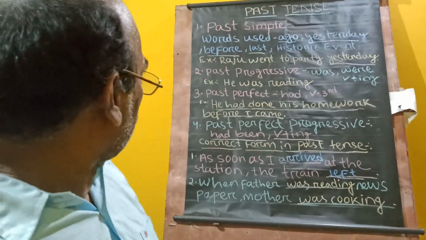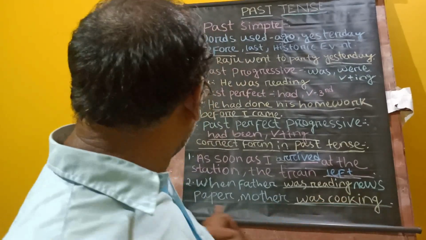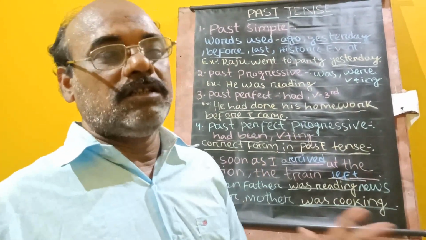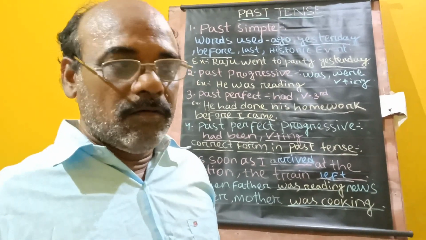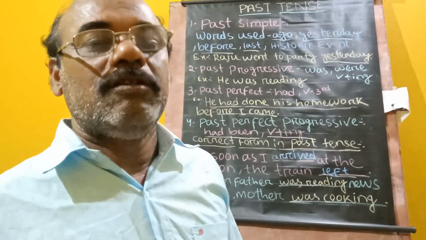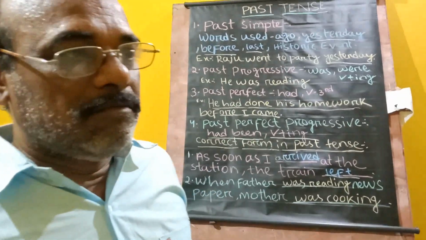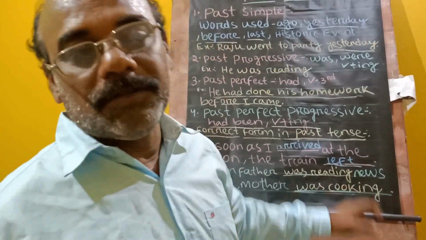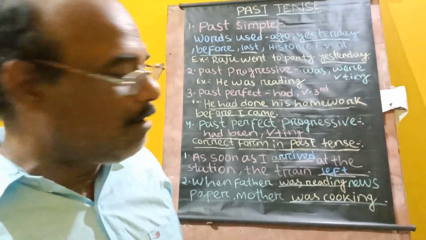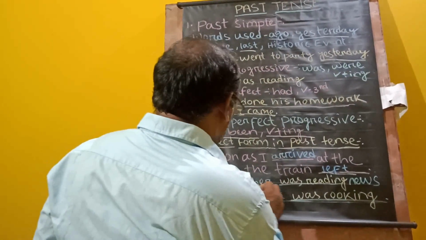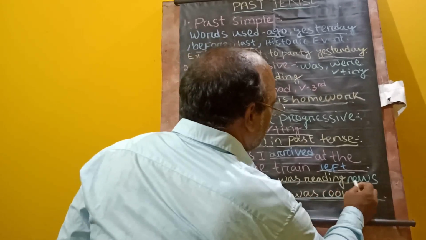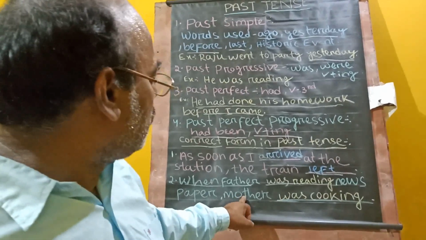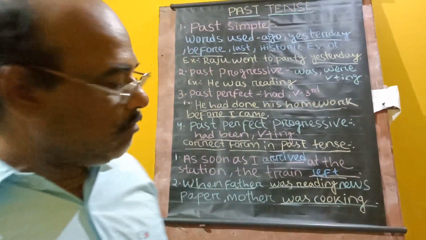Then past progressive and past progressive. If two actions are continuing in the past, then they will be put in the past progressive form. For example, when father was reading the newspaper, mother was cooking.